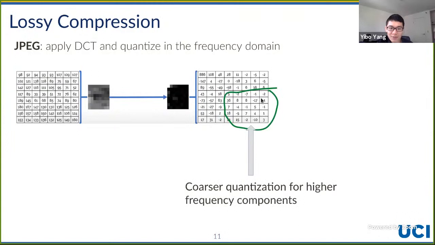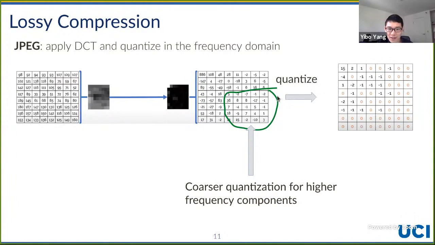And JPEG exploits the fact that for the numbers that correspond to the higher frequency components, we don't actually notice any loss. So we don't really notice the high frequency details in the images.